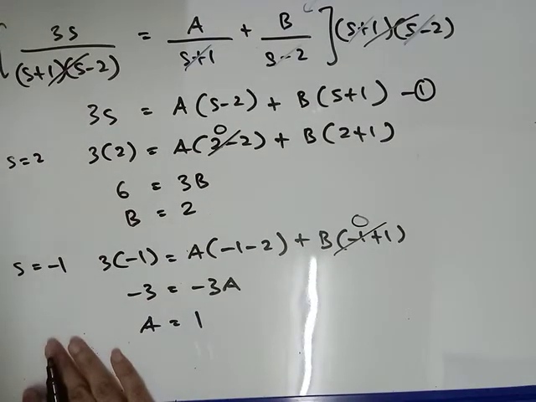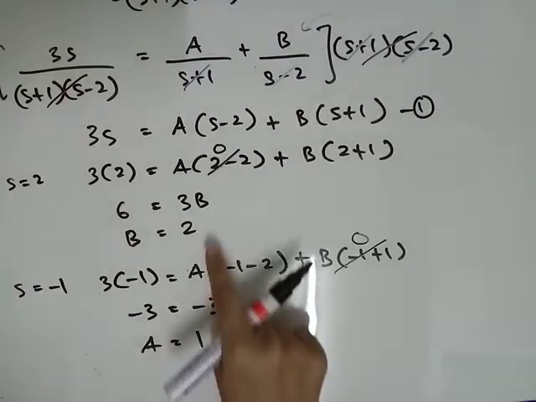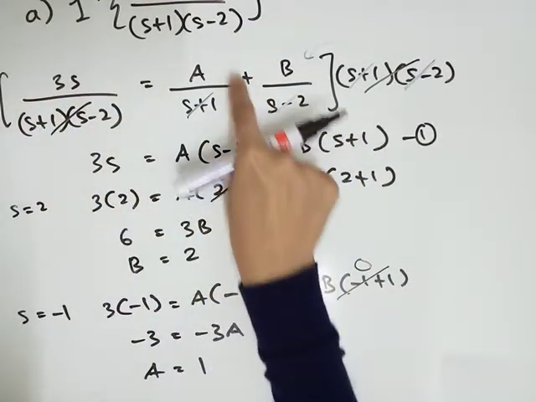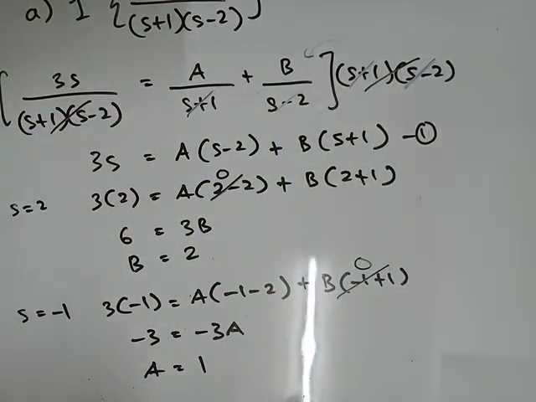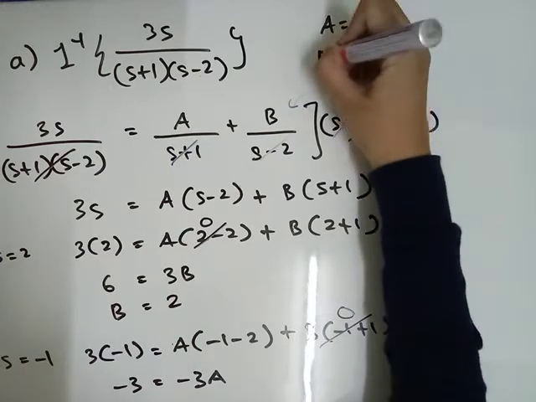Do you see this so far? So we have found the values of A and B. Then we need to set them back in. We know that A is 1 and B is 2.